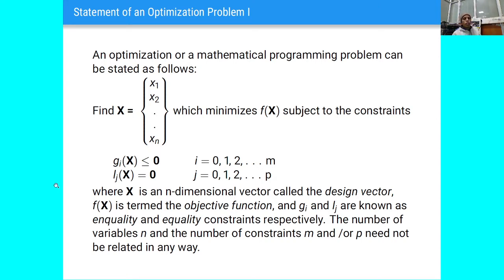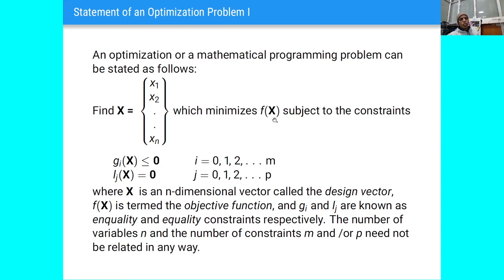In the case of any optimization problem, it has certain variables. Let us take this example, an optimization or mathematical programming problem, which is stated as: find x, which is a function of x1, x2, up to xn.